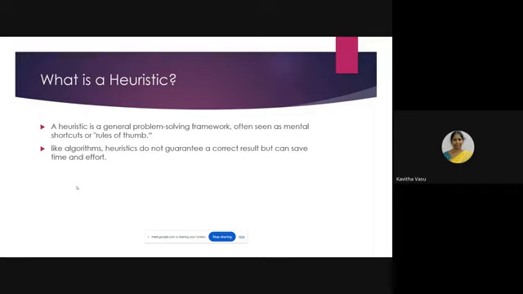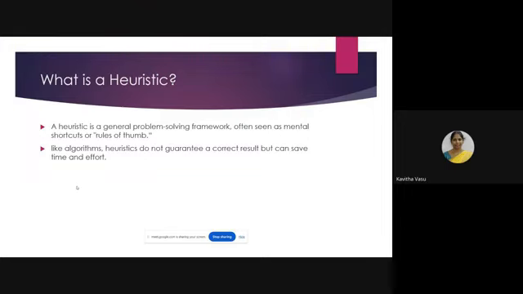Next, we will discuss the heuristic. These are general problem-solving strategies that simplify complex problems. They make handling complex problems easy, often considered mental shortcuts or rules of thumb, which do not guarantee a correct answer but save time and effort.